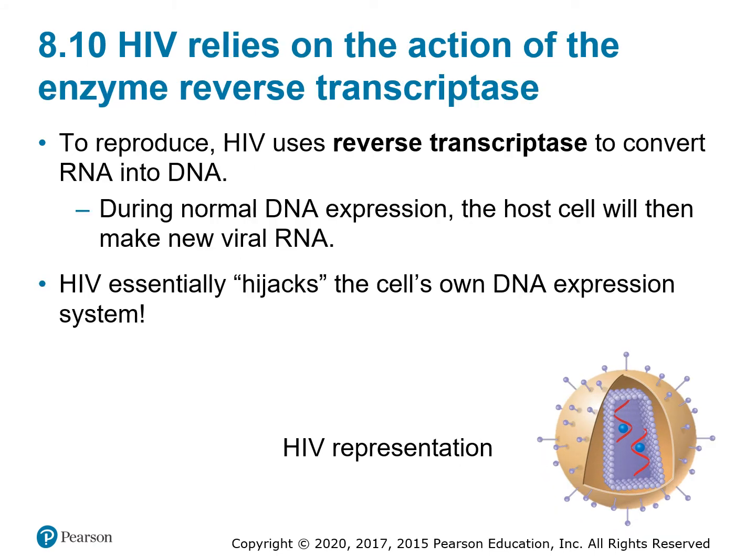So HIV relies on the action of a very specific enzyme called reverse transcriptase to reproduce. To reproduce, HIV uses this enzyme to convert RNA into DNA. Remember, in the genetics unit we normally talk about going from DNA to RNA to protein, but retroviruses with reverse transcriptase can go from RNA to DNA.